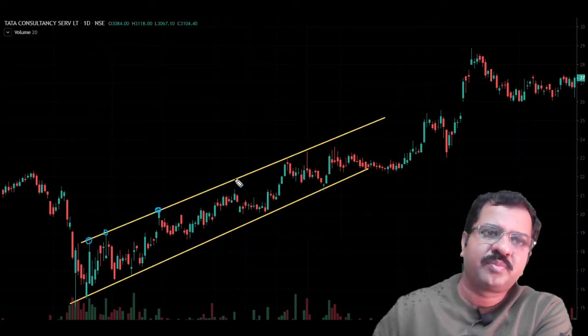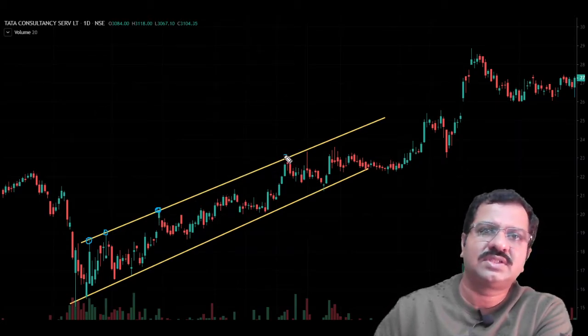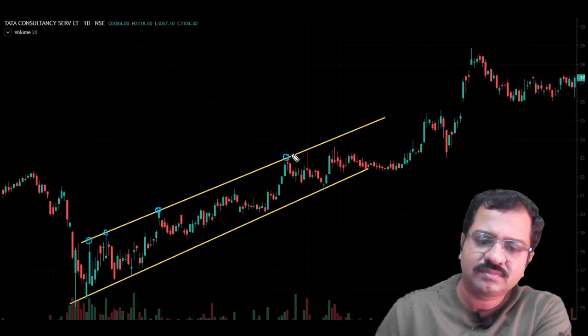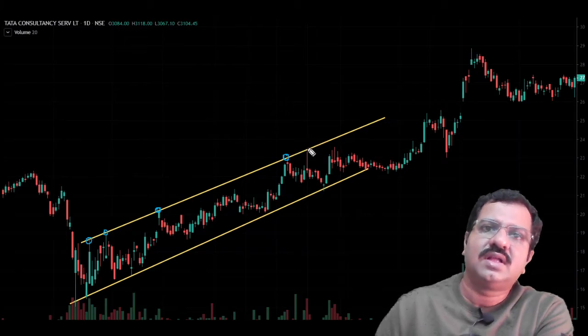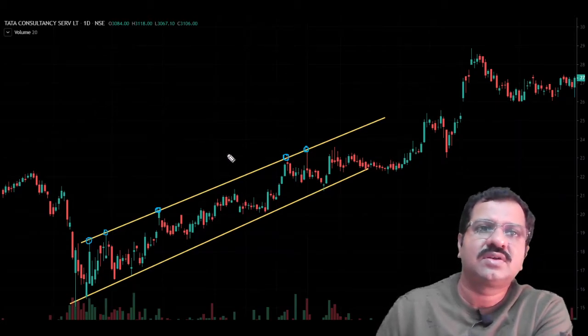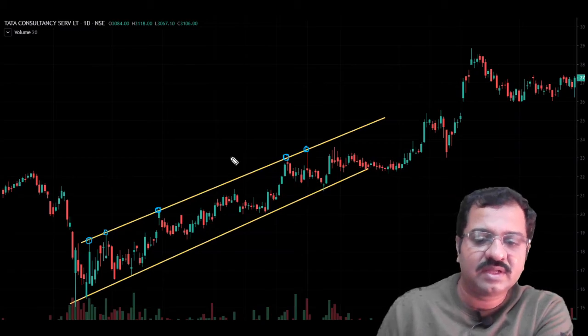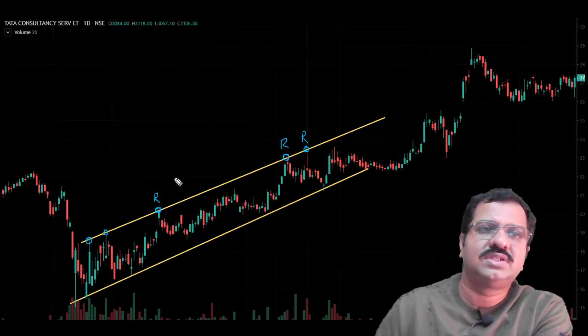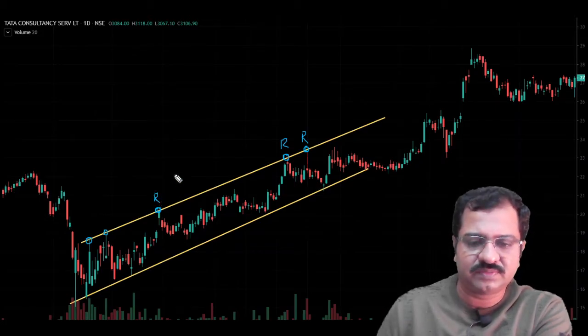Even when prices went further, we can see that price turned from this trend line. Again price turned from this trend line. This is called trend line resistance. These are all resistance points.